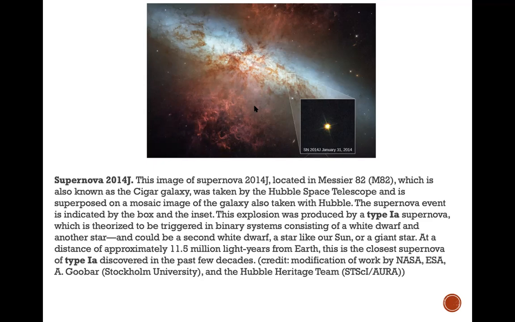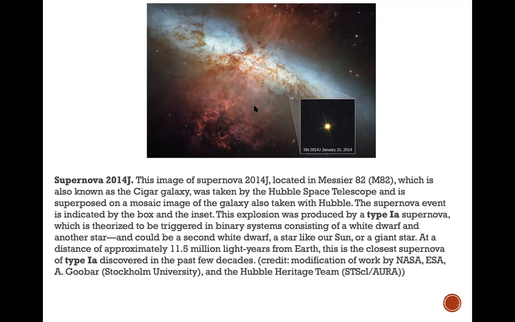This star is very similar to our sun, by the way, because our sun will become a white dwarf one day, after 5 billion years. And then if it has a companion star nearby, it can become a type 1a supernova, right? It can happen, so make sure that you understand these relations.